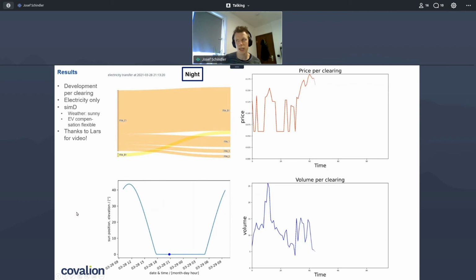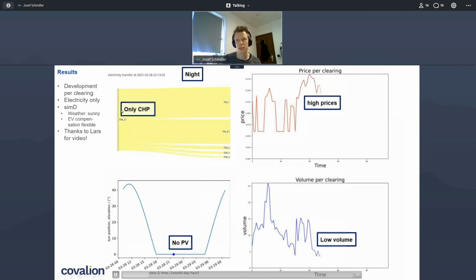Next, during the night, we only have the CHP as a supplier, leading to high prices. Of course, nothing happens, so there is a low volume of market trading, and there is no PV production at all.